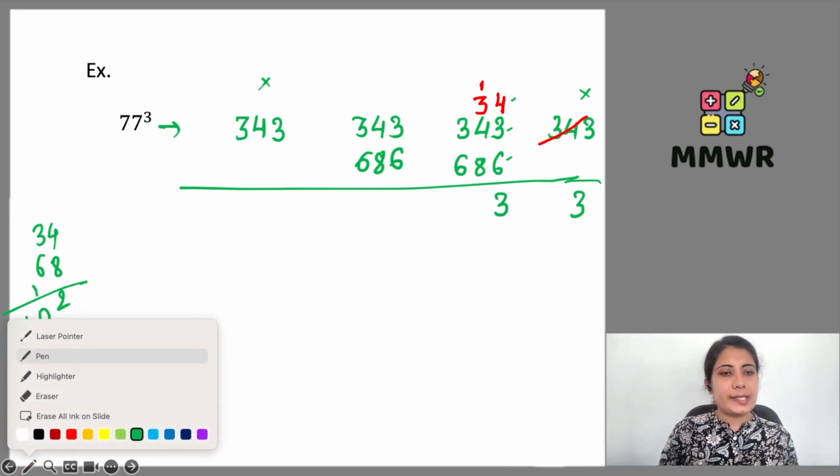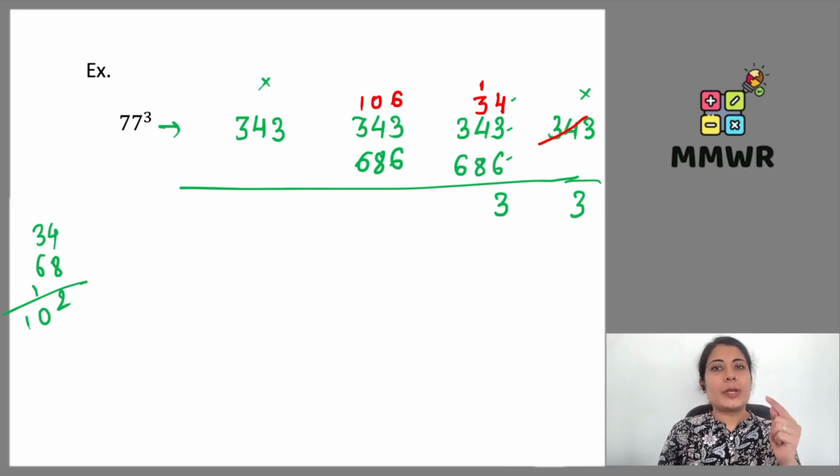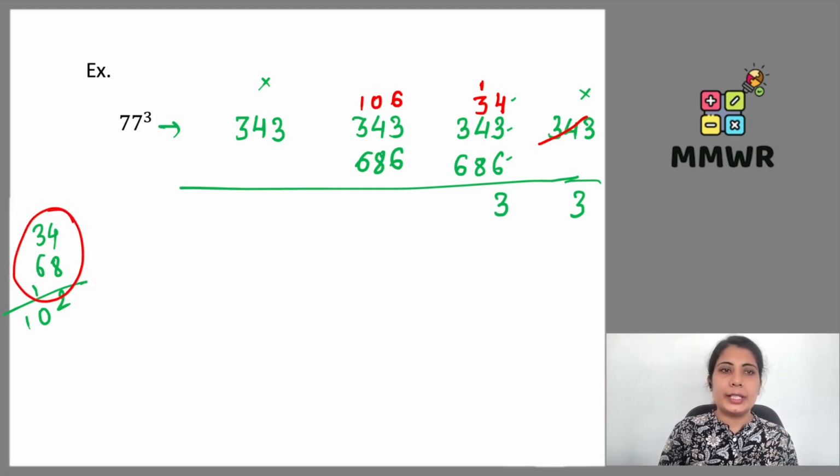So this 106 I will transport to the next column. 8 plus 4, 12, 12 plus 3, yes, 15 plus 1, 16, right? Carry over 1. 6 plus 3, 9 plus 1, 10. So 106. Now 343, 686. We did here. 343, 686.